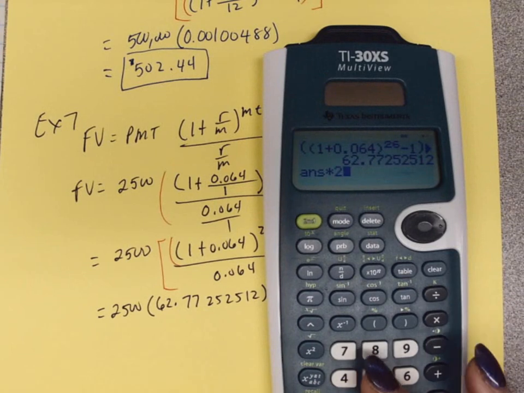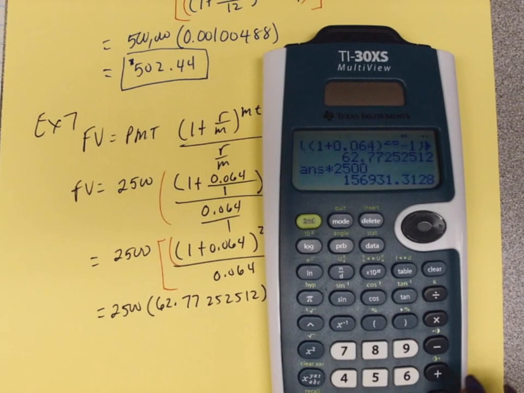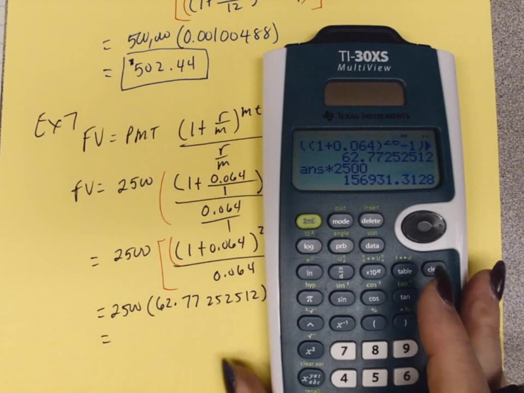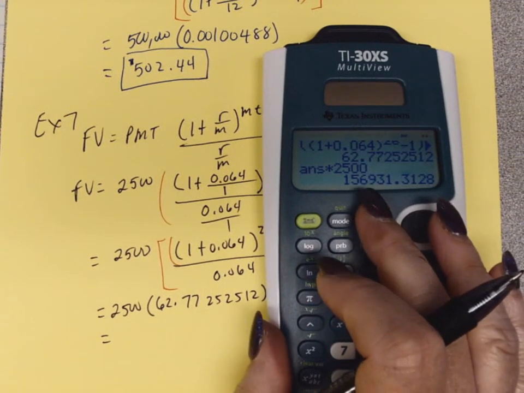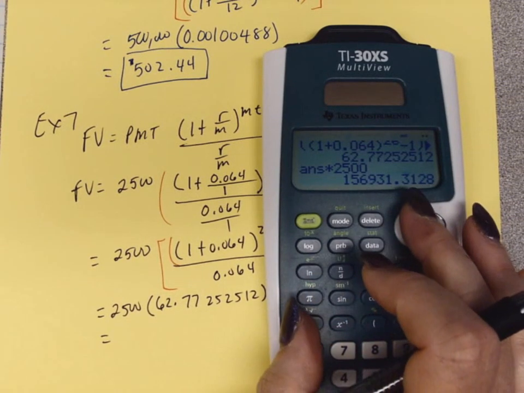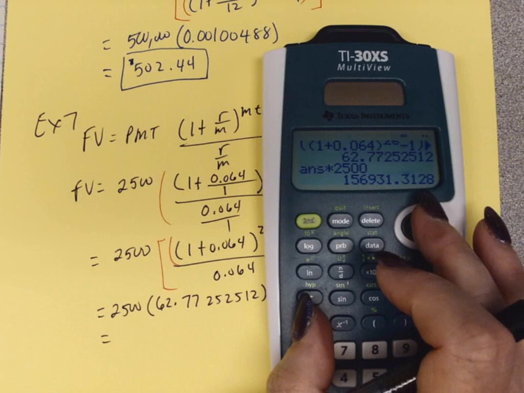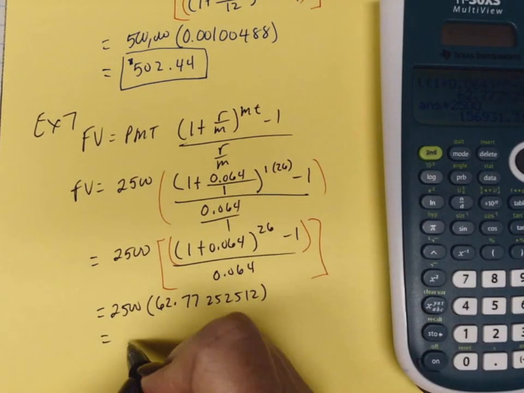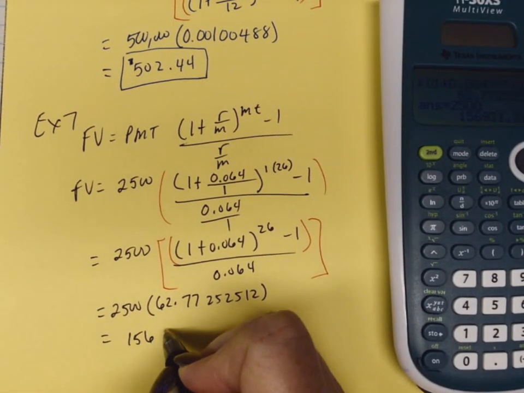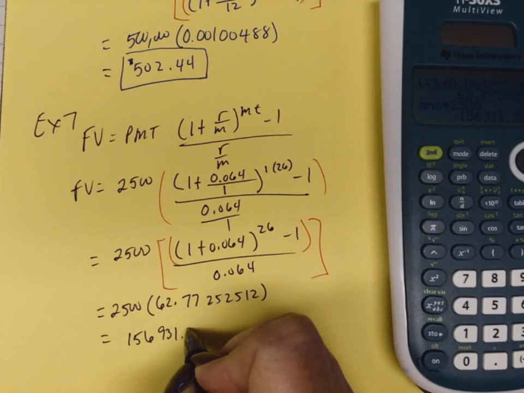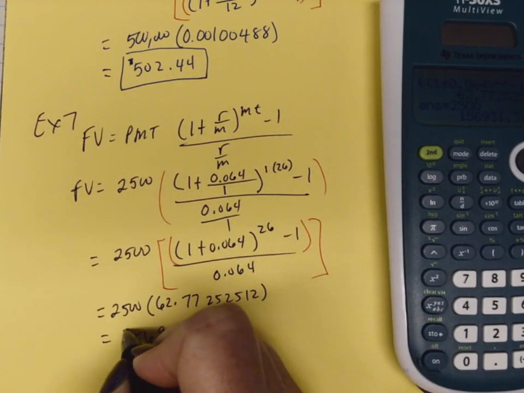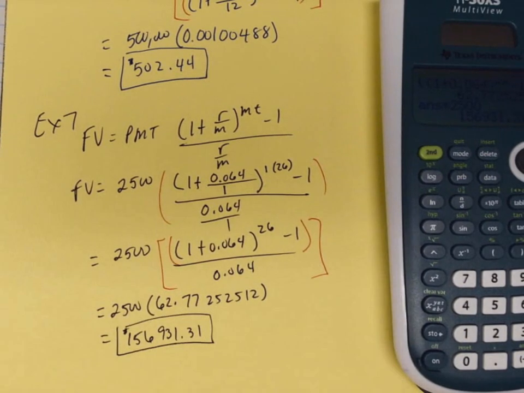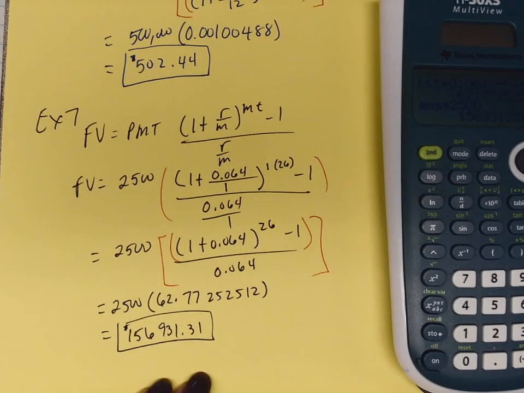So we'll times that by 2,500, and that will get us $156,931.31, because the 2 will not cause the 1 to round up. So $156,931.31. That's how much is in the account after 26 years.